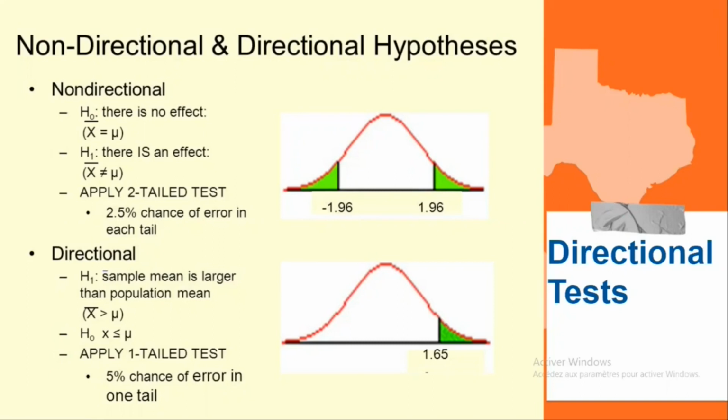For example, if the original population has a mean of 80 and the treatment is predicted to increase the scores, then the null hypothesis would state that after treatment, H0: mean is less than or equal to 80, there is no increase in this case. The entire critical region would be located in the right-hand tail of the distribution because large values for M would demonstrate that there is an increase and would tend to reject the null hypothesis.